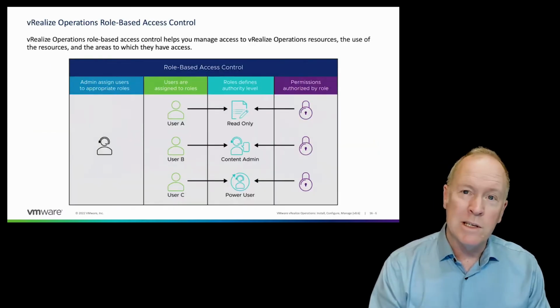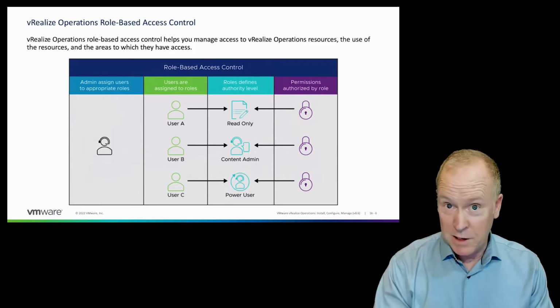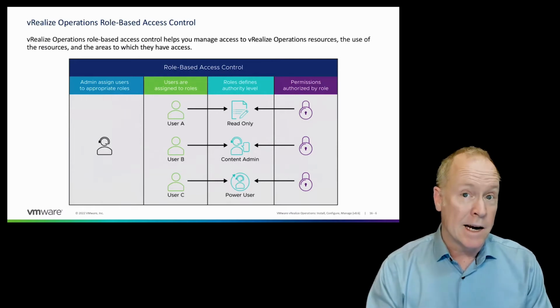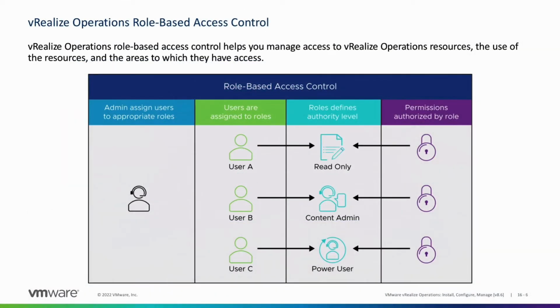vRealize operations uses a role-based access control mechanism in which the administrator assigns roles to different users. So for instance, the administrator might say that user A is granted the read-only role. Now each of these roles is a collection of privileges or permissions. This module actually uses those 2 terms interchangeably.